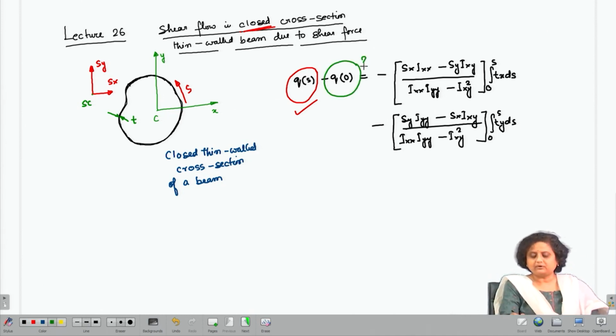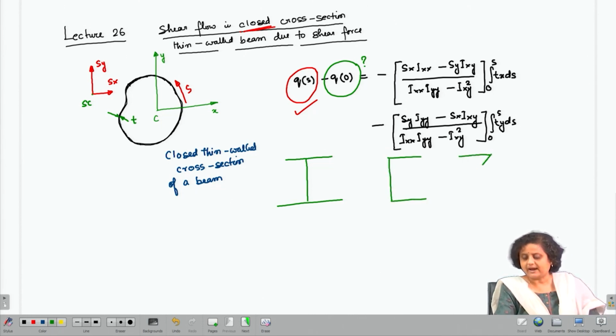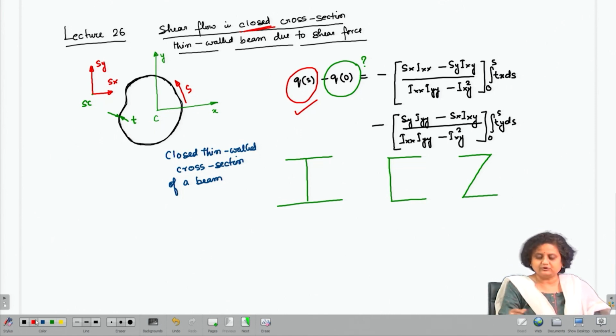So, in an open cross section beam like that of an I section or a C section or a jet section, there were certain points on the beam where there was zero shear flow.